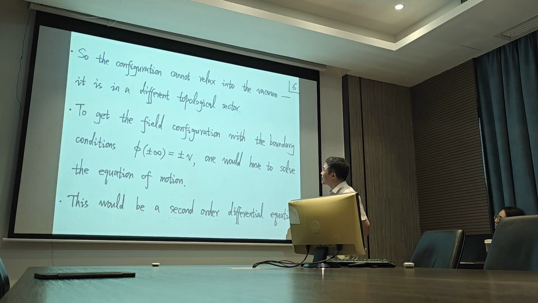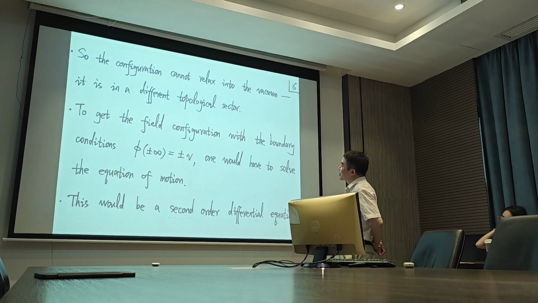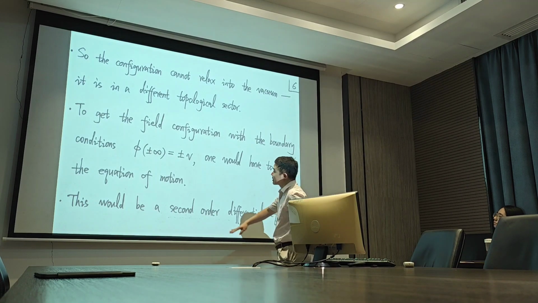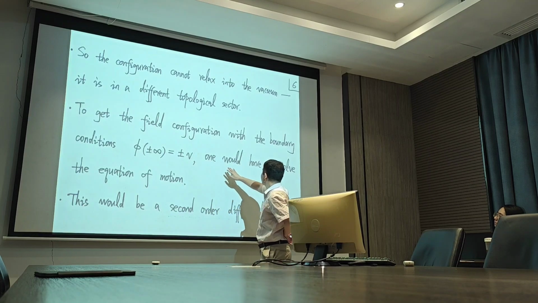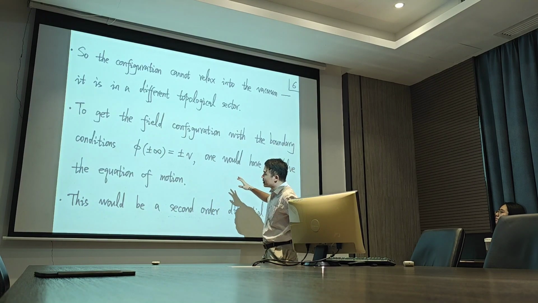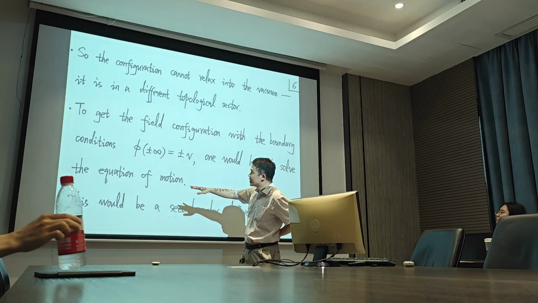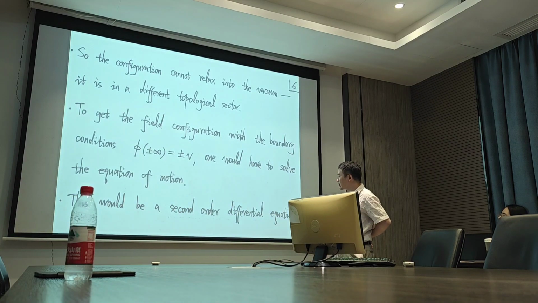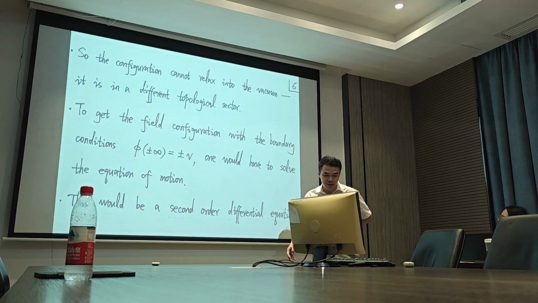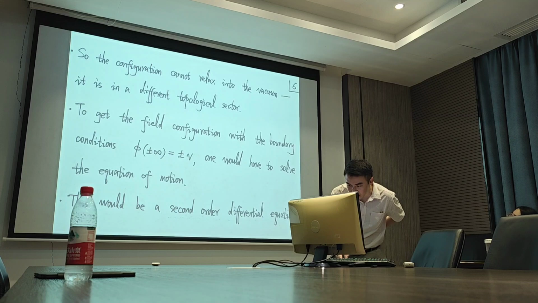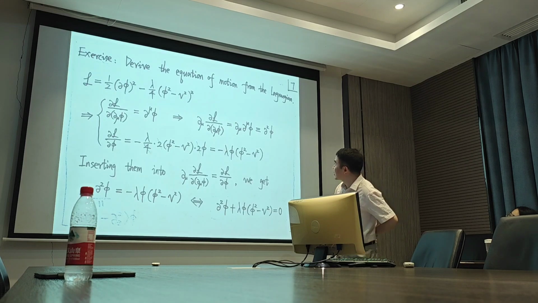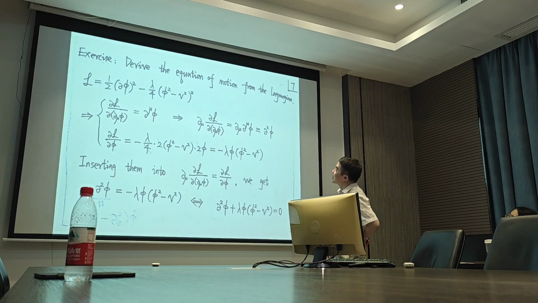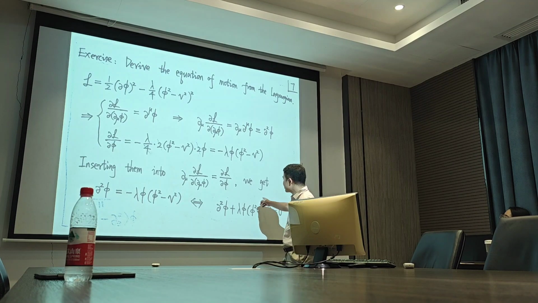To get the field configuration with this boundary condition, one will have to solve the equation of motion. The equation of motion is a second-order differential equation. Using the Euler-Lagrange equation, we can get the equation of motion.